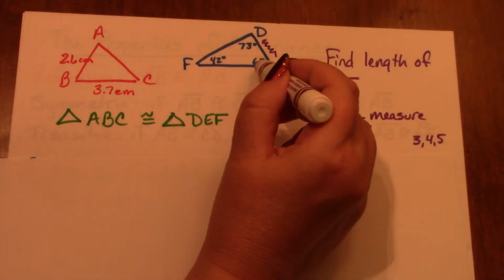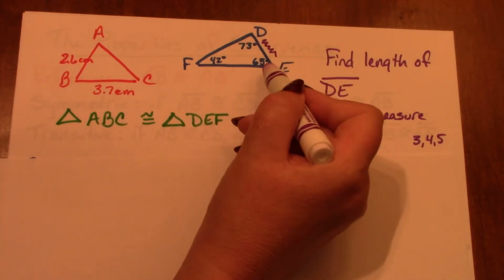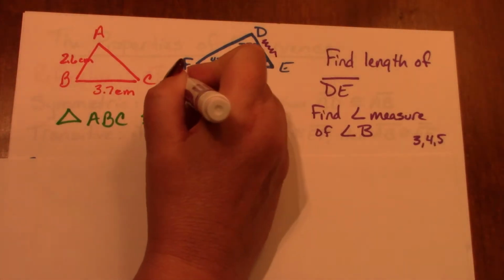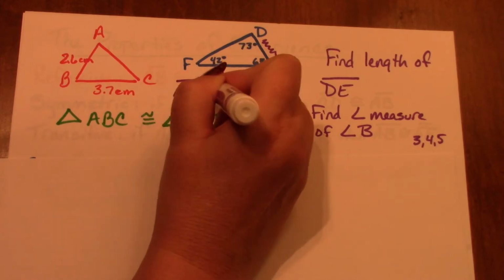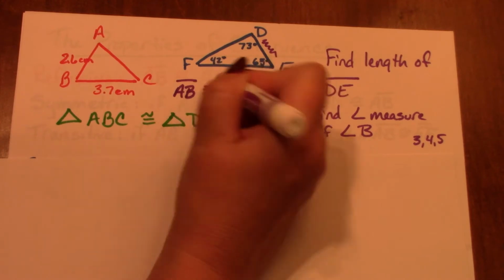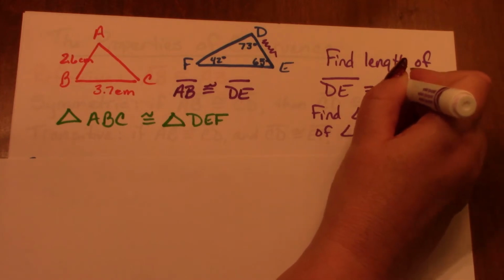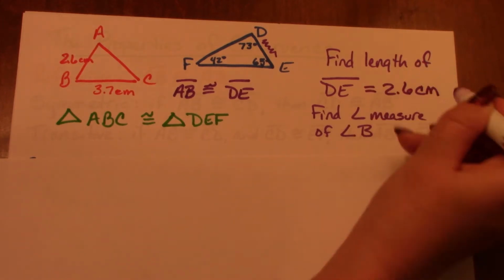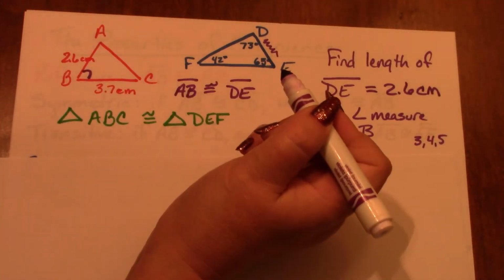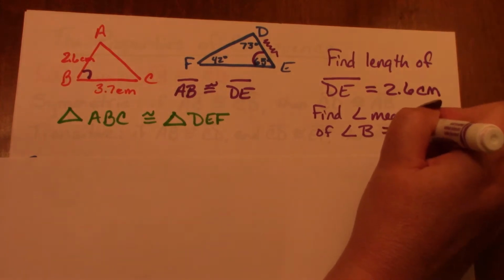And if you know that these two triangles are congruent and that it looks like ABC has been flipped over to DEF, then you can tell that line AB is congruent to line DE. And therefore, line DE equals 2.6 centimeters. The angle measure of angle B, that's this one, is the same as E, and that's going to equal 65 degrees.